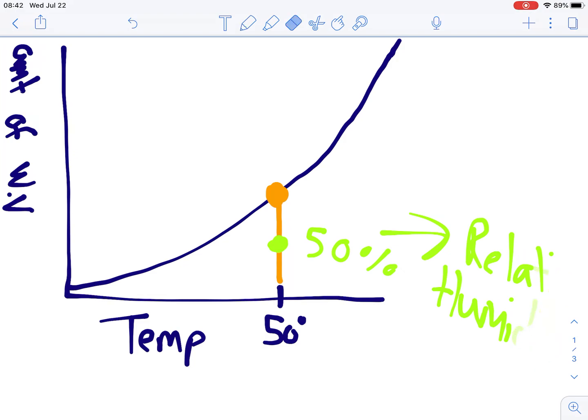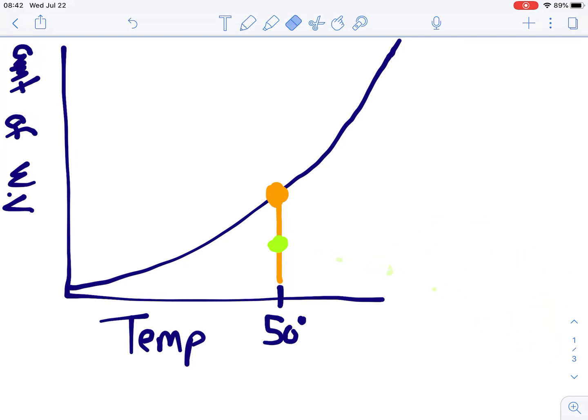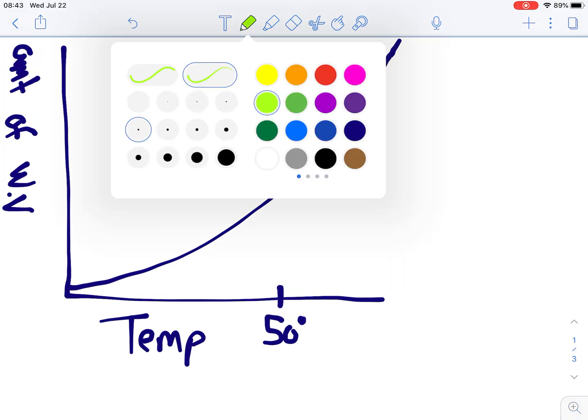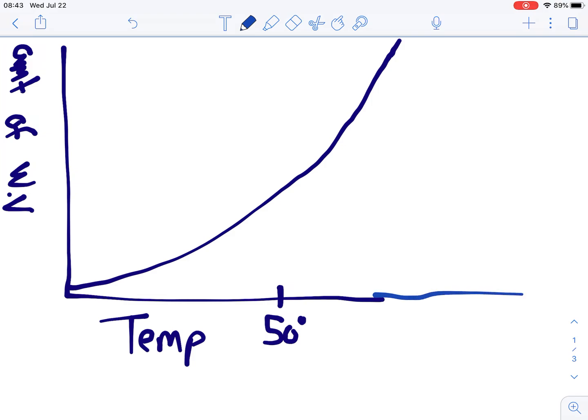Now I'm going to erase part of this for a second. Let's go to a different temperature now. Let's say this is 70 degrees, and the air is holding this much water vapor. Well, what if we want to know what temperature we would have to cool the air down to for this amount to be saturated?